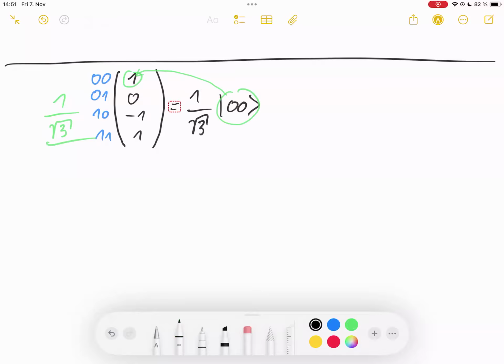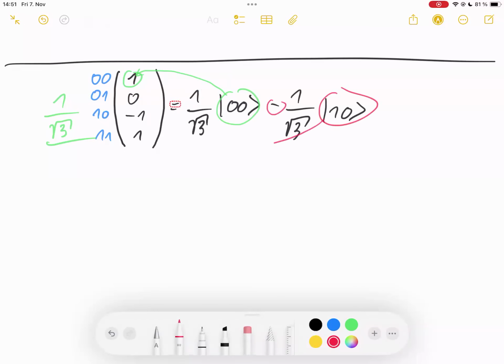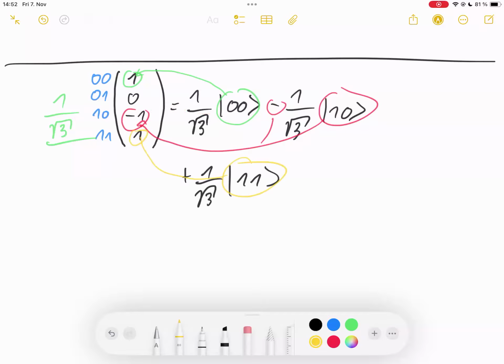Then we have a minus 1 divided by the square root of 3 times 1, 0 cat. The minus, don't miss it. Plus, we have 1 divided by the square root of 3 times 1, 1 cat. And we can use a different color for this.